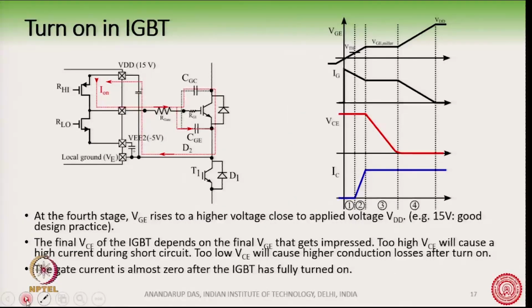Once this capacitor has been fully discharged, the gate emitter voltage here will rise towards VDD, because this is what it was supposed to rise to. As per this RC diagram, this VGE voltage should rise up to the VDD voltage, 15 volt.